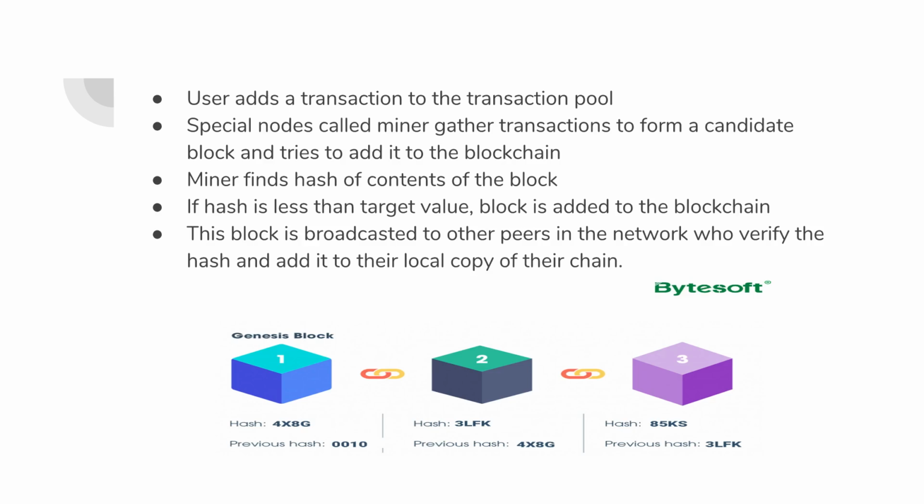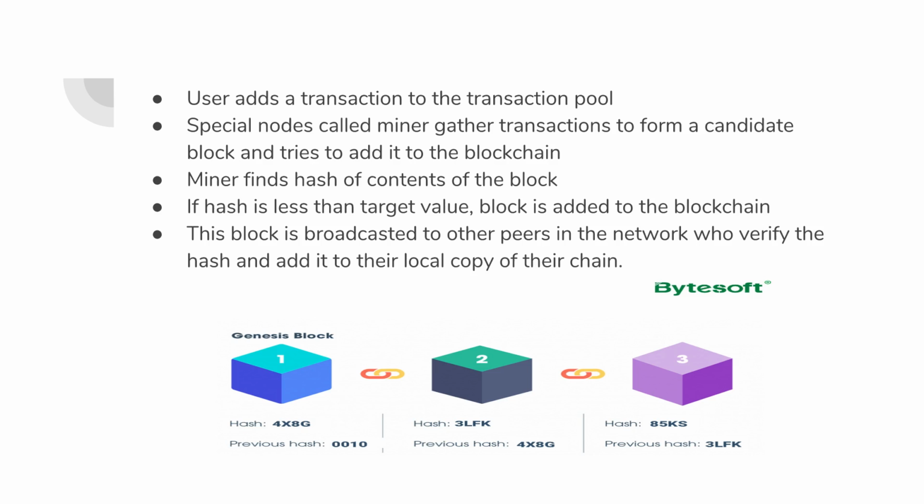Next we are going to look at the working of a blockchain. First, a user adds a transaction to the transaction pool, and special nodes called miners gather the transactions to form a candidate block and try to add it to the blockchain.